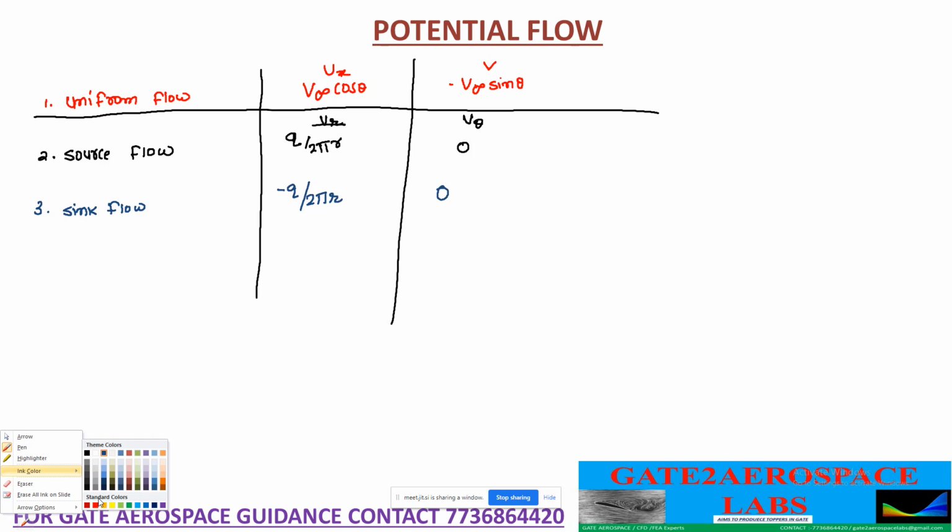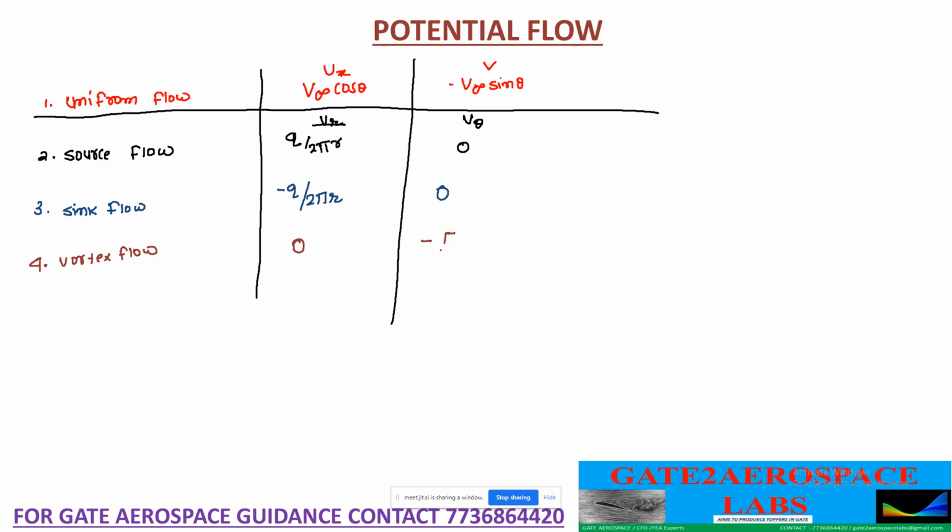Similarly, the next one I have seen, the fourth one, was the vortex flow, right? The radial velocity for vortex flow was 0 and the tangential velocity was given by tau by 2 pi r. Correct? Source flow I have indicated like this.